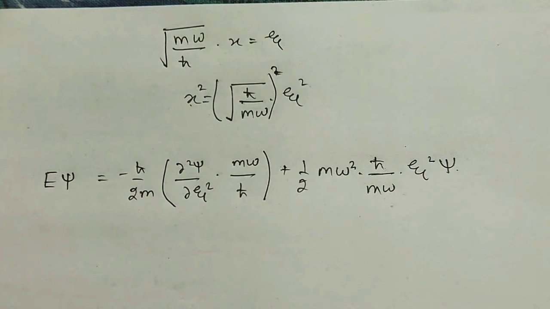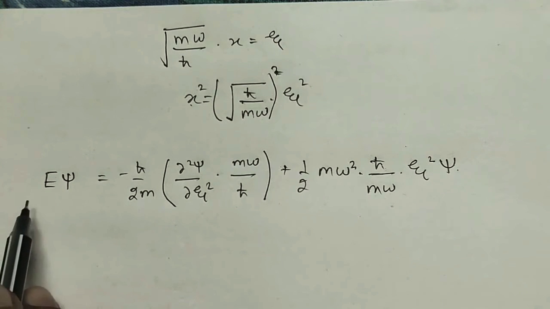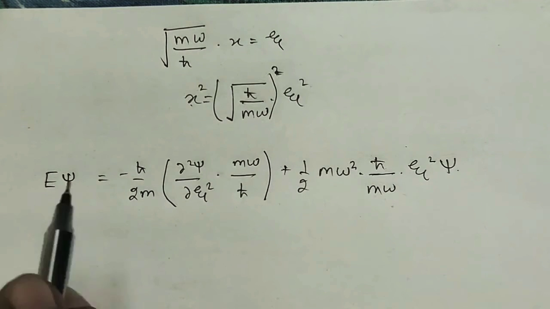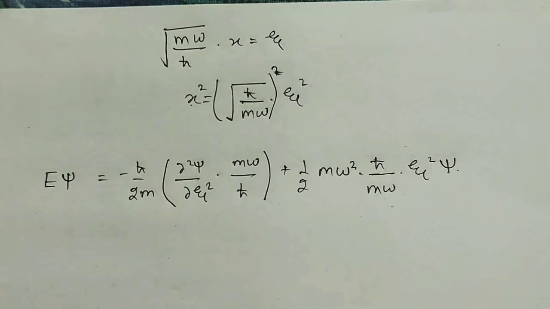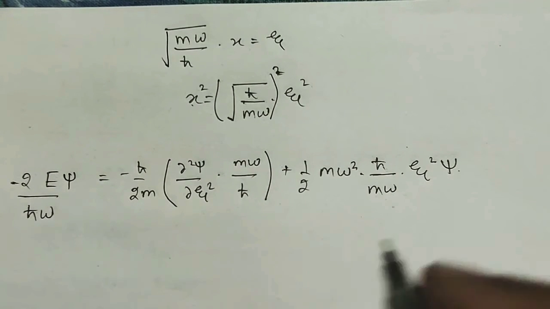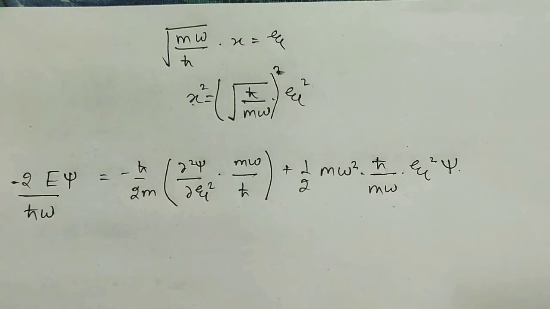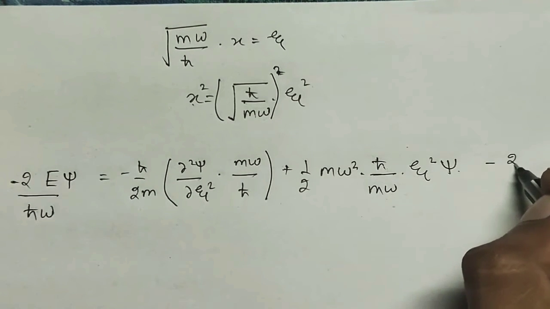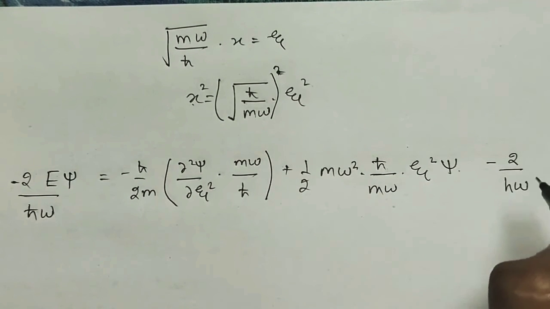Now we have to divide the terms by −2/ħω on both sides, like −2/ħω, and here −2/ħω.